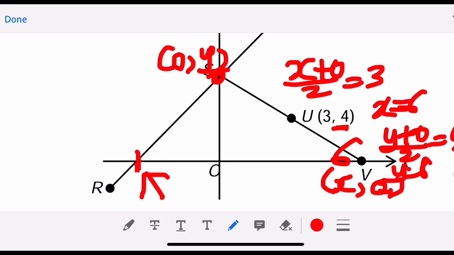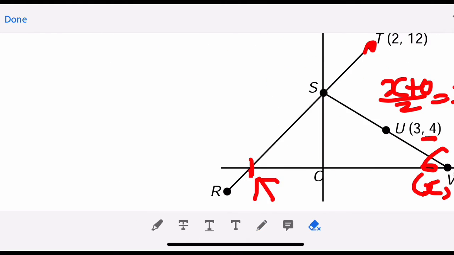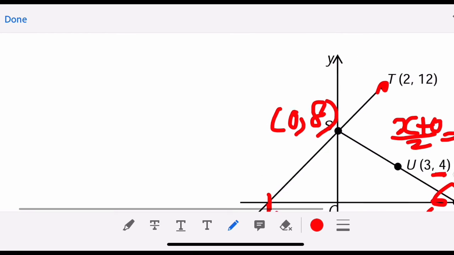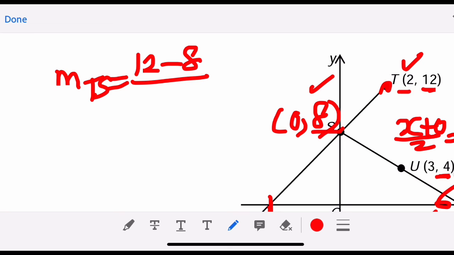So this is 8. Based on the midpoint, I know it's 0, 8. With this point and this point, I can find the gradient. So I say m of TS is 12 minus 8 over 2 minus 0, right? 12 minus 8 is 4. 2 minus 0 is 2.